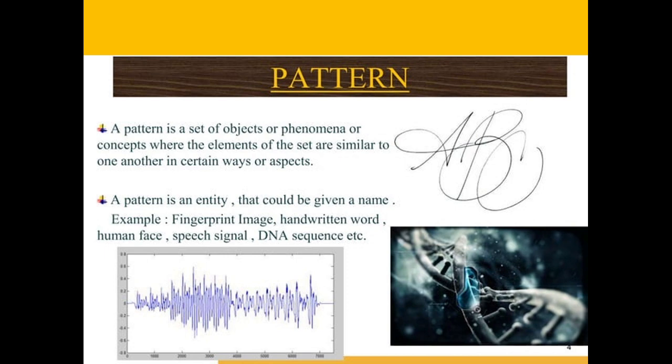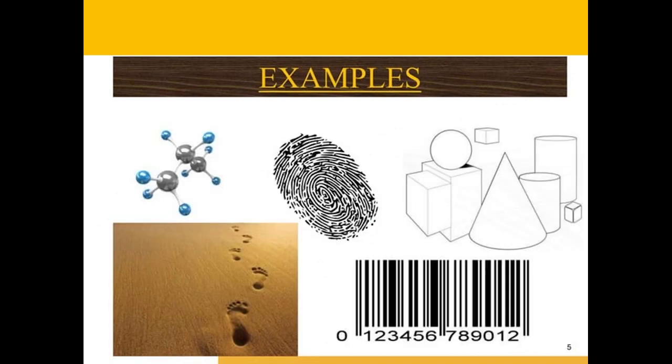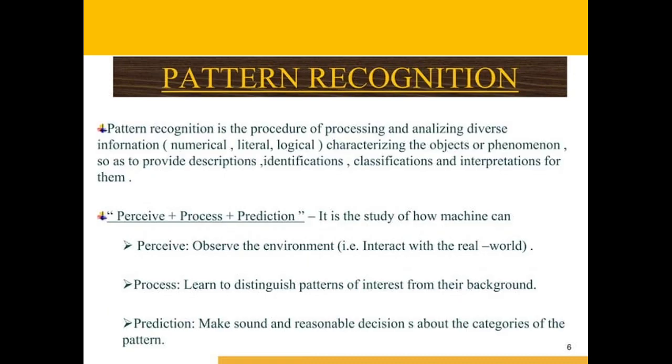What is a pattern? A pattern is a set of objects or phenomena or concepts where the elements of the set are similar to one another in certain ways or aspects. You see these examples, they have some pattern. It is an entity that could be given a name, for example a fingerprint image or DNA sequence, anything. Fingerprint, footprint are some examples.